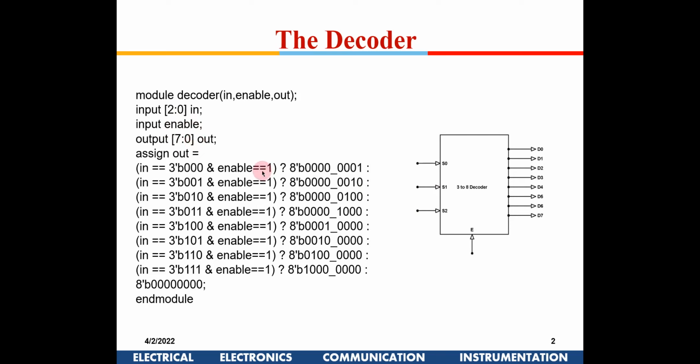As long as enable is 1 out here, if the input is 0 0 0, this top line will be 1, and if the input is 0 0 1, the next line D1 will be high, and if the input is 1 1 1, D7 will be high. So on the output side, only one line will be high at any given time, based on the input. That is how the decoder works, which we learned about in the last class also.